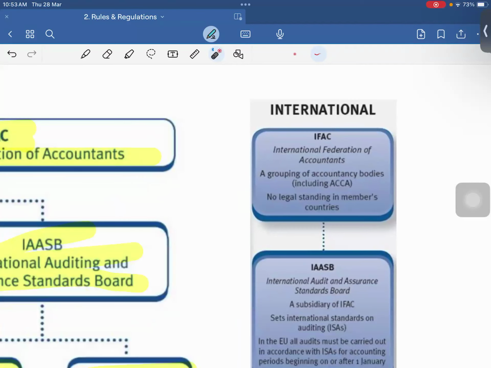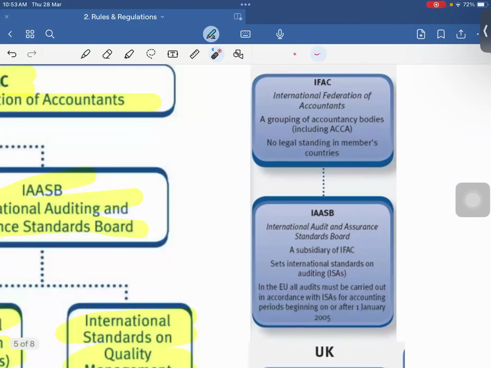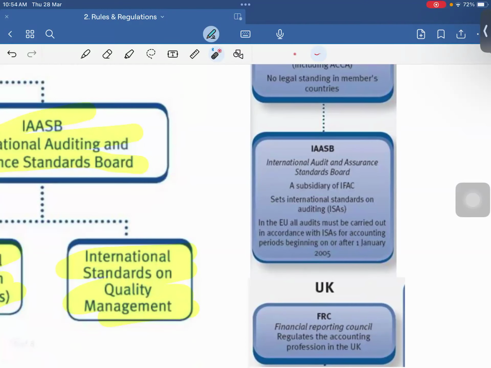First one is IFAC, International Federation of Accountants. They are responsible for governing all the other bodies in the ACCA, that is on the auditing standards part of the ACCA. Under this, there is another component, IASB, International Audit and Assurance Standards Board.